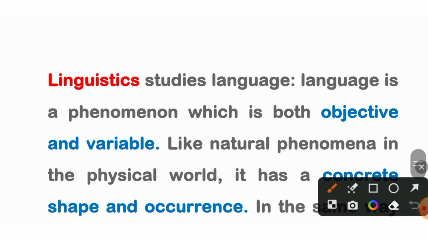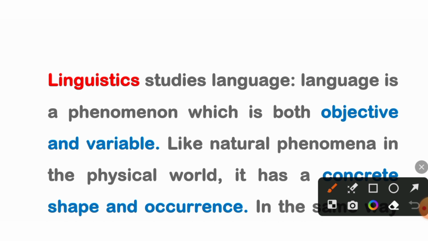Now we look at linguistics. So linguistics studies language. Language is a phenomenon which is both objective and verifiable. So subjectivity is not involved in language study. And the findings, the data, the material, the explanation can be verified through many sources.